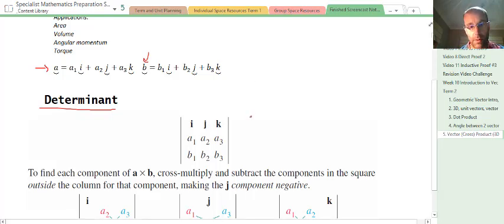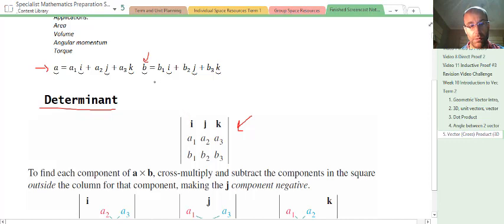Firstly, this is a 3 by 3 array, and instead of braces it has vertical lines on it, so it is not a matrix, it is called the determinant of a matrix. It's just a rectangular array of characters and numbers. This one is a 3 by 3.